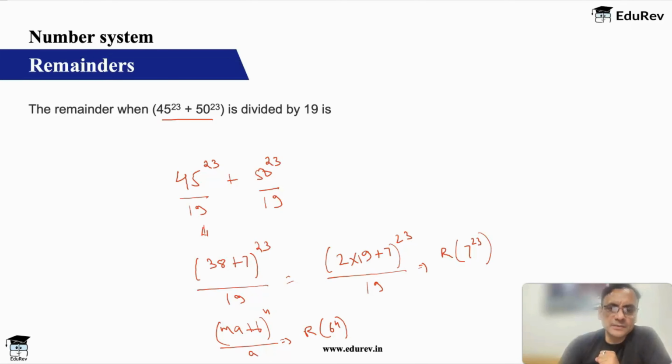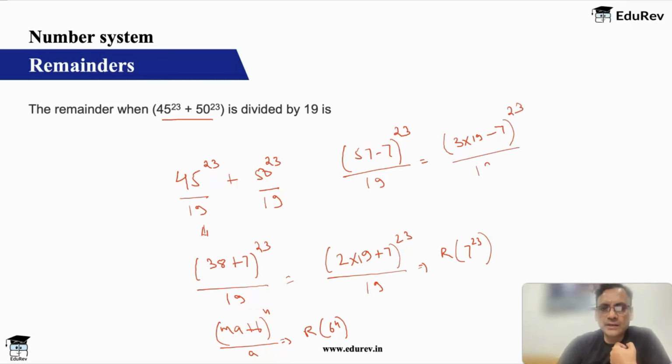Similarly, the second part, 50. Now the third multiple of 19 is 57. So I can write this as (57 minus 7) to the power 23 upon 19, which is the same as (3 into 19 minus 7) to the power 23 upon 19.